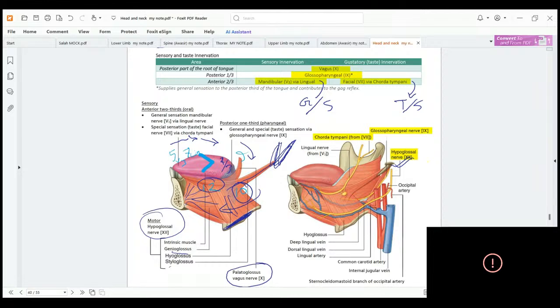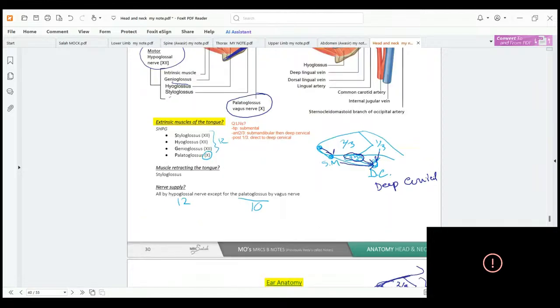When we do submandibular gland surgery, three nerves are at risk: the marginal mandibular nerve, the lingual nerve, and the hypoglossal nerve. So anterior two thirds is 5 and 7, posterior one third is 9, palatoglossus is 10, and the other three, genioglossus, hyoglossus, and styloglossus, are 12.